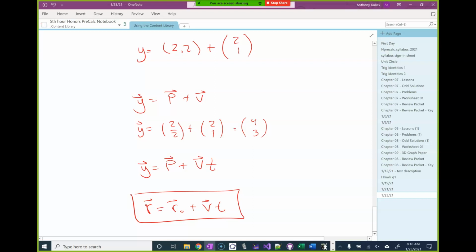Is everybody okay on the little journey we took to get there? I tried to start with something familiar and turn it into this without just writing the equation down and being like, there you go. So at least it kind of makes sense. All right, so let's do a specific example here about translating from a slope-intercept equation to a vector equation.